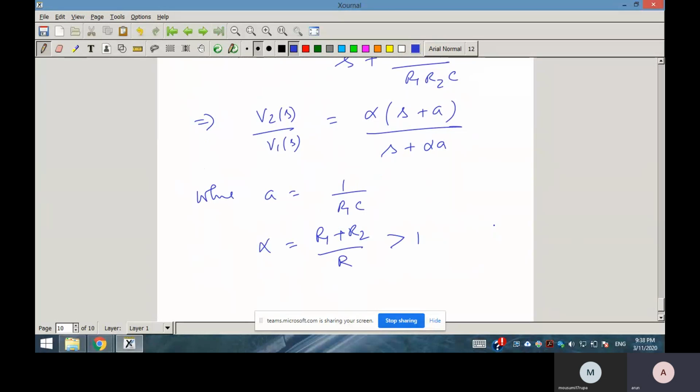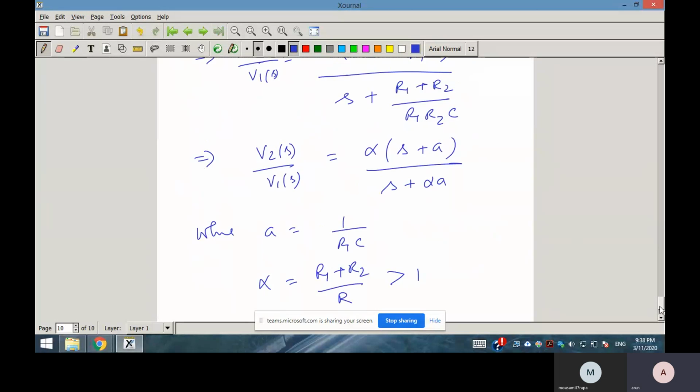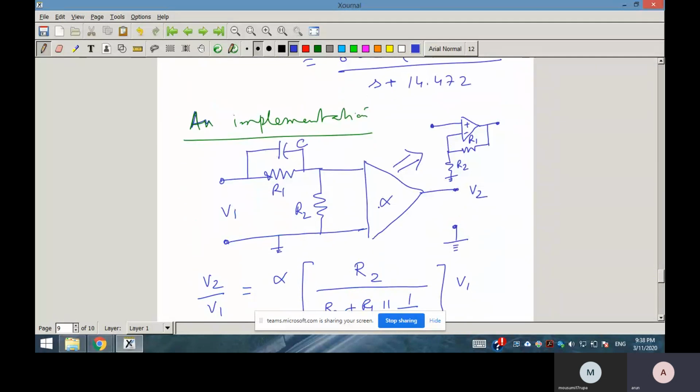So this means alpha should be less than 20, as I said, because it is a differential amplifier. A high gain amplifier will cause a realization problem as well as a noise susceptibility problem.